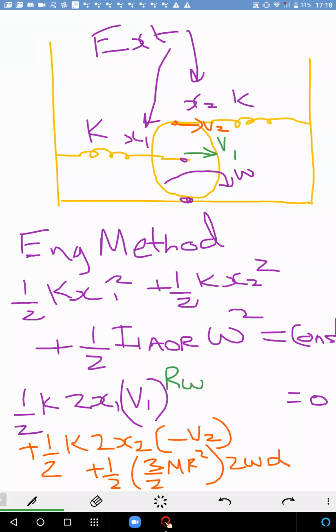v2 can be written as 2r omega. And mind you, अगर v2 को ऐसा लेते थे then we'd have to write minus 2r omega. But फिलहाल omega के direction में लिखा है, ठीक है, तो v2 is simply 2r omega.